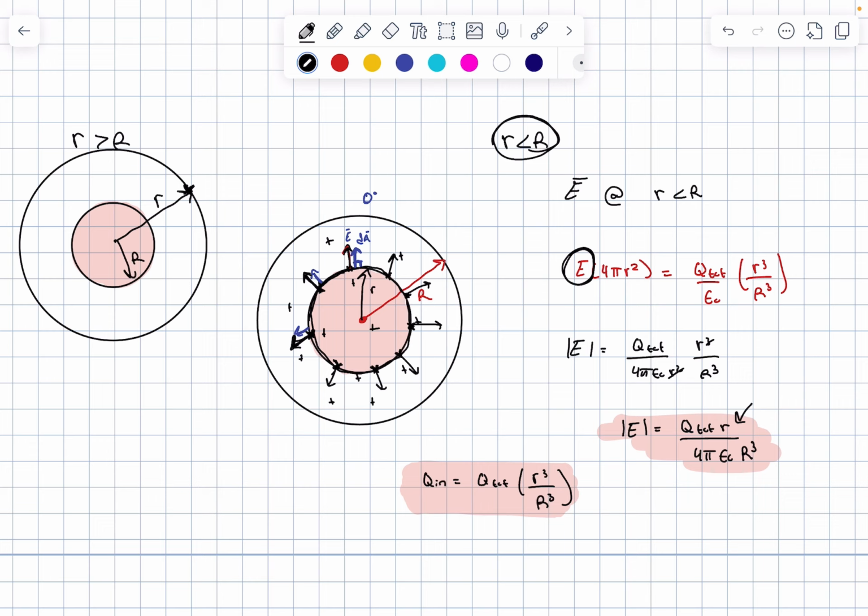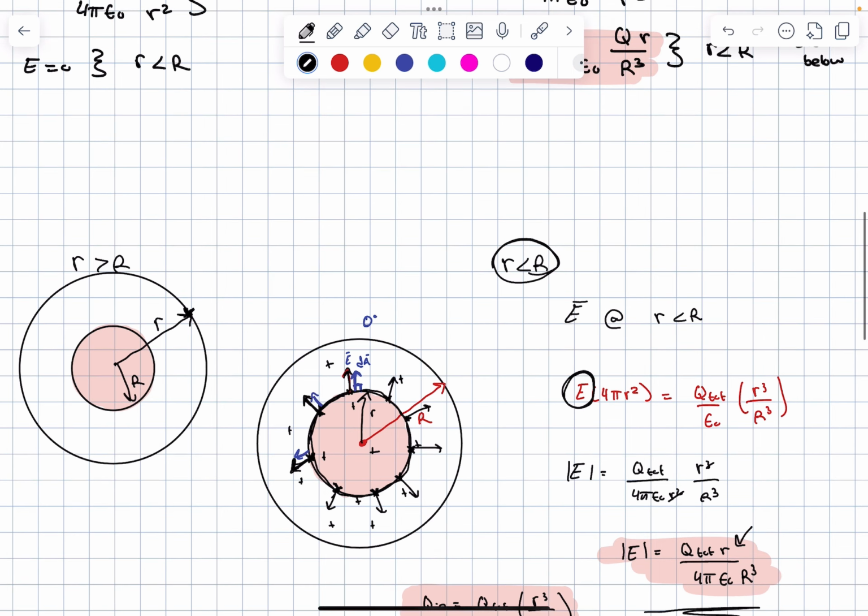Now, if I were to plug that into this equation here, I have to go back and remember what Q in is, right? Because if I rewrite my Gauss's law, it's E dot dA is equal to Q in over epsilon naught.